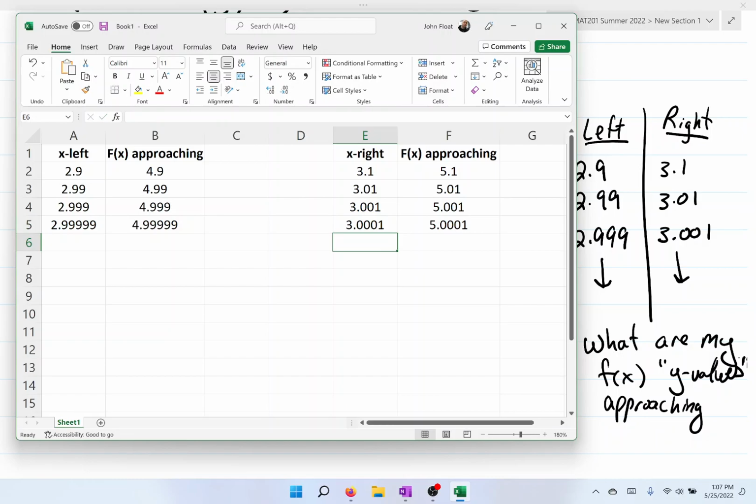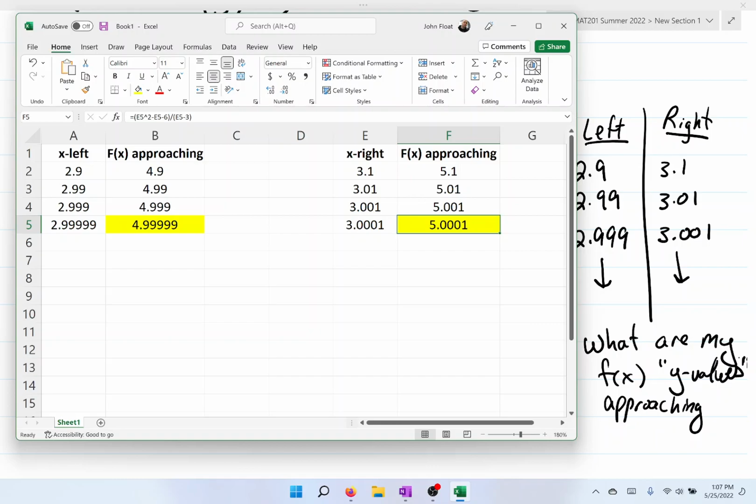And notice that all these values are starting to approach the value of 5. They're getting infinitely closer. So since the values on my left-hand side and the values on my right-hand side are essentially the same number, remember, I can keep getting infinitely closer and closer to 3. My f of x values are getting infinitely closer to the value of 5.